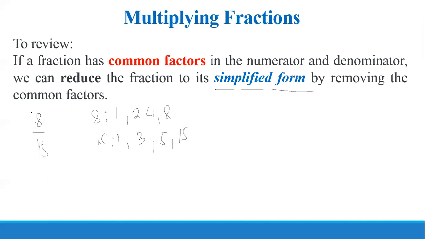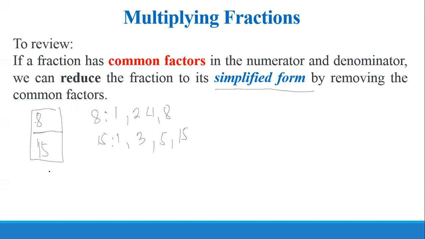So, 8/15 is already simplified, okay? Because there are no common factors except 1. So, walang common factors. Si 8 over 15, si 8 at 15, kaya this is simplified. So, this is already simplified.